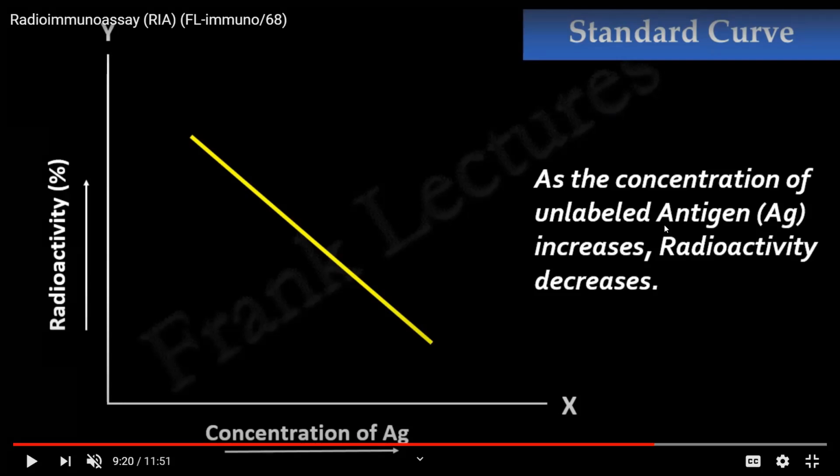When the concentration of unlabeled antigen increases, the radioactivity will decrease. So this curve starts from the top. It's not starting from down here, not from 0. It will start from the top and go on decreasing. So this is how the standard curve for this particular test is formed.